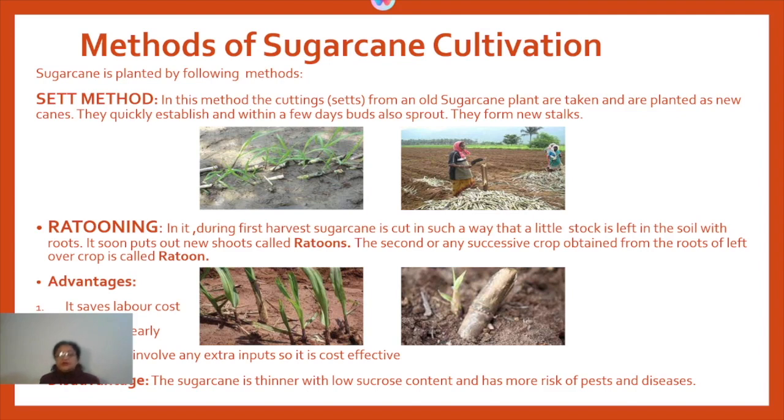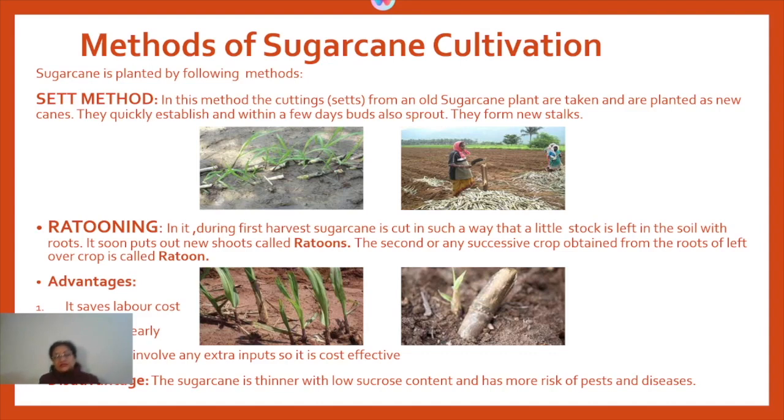Number two is that the root is already there in the soil, right? So it matures early. That sugarcane plant which is already there in the soil takes less time to mature. This is the second point.